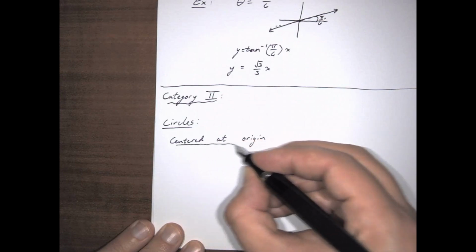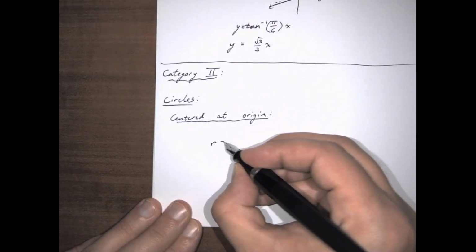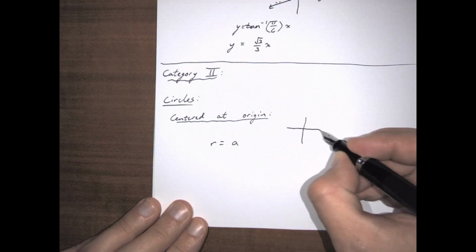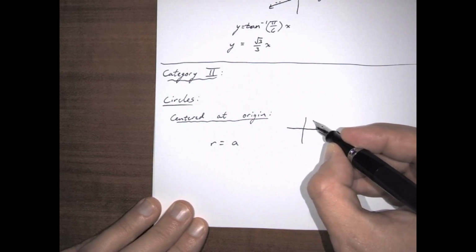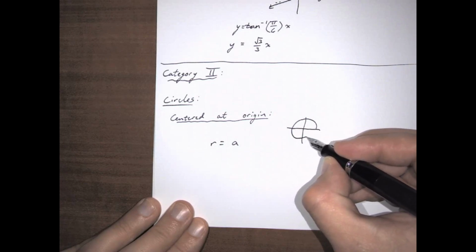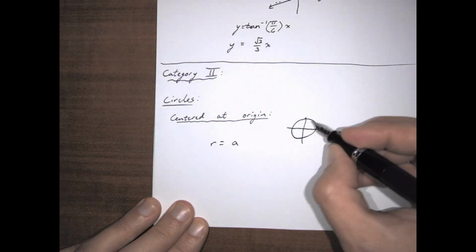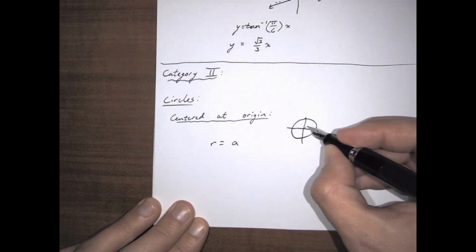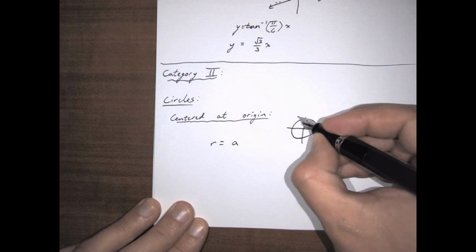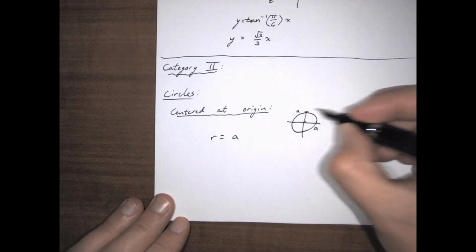If they are centered at the origin, the equation is just going to be r equals some constant, a. And this equation would define the circle whose radius was always a. So it would mean we're talking about the set of all points where the distance from the origin is always a.